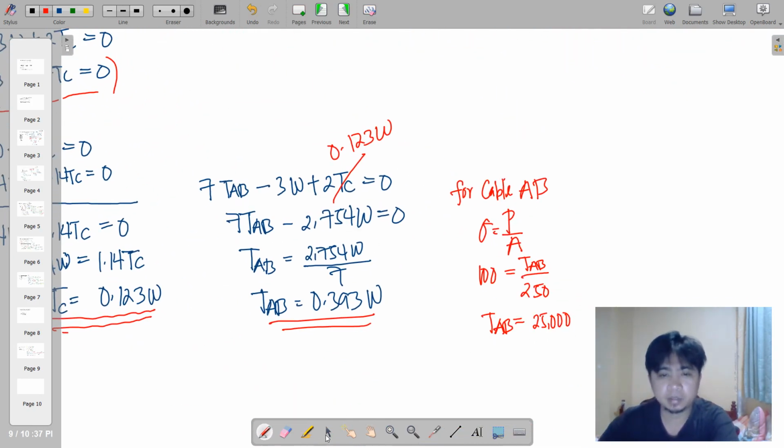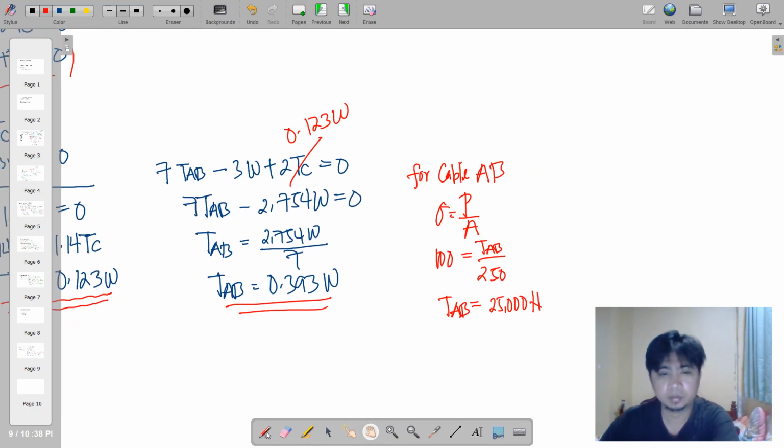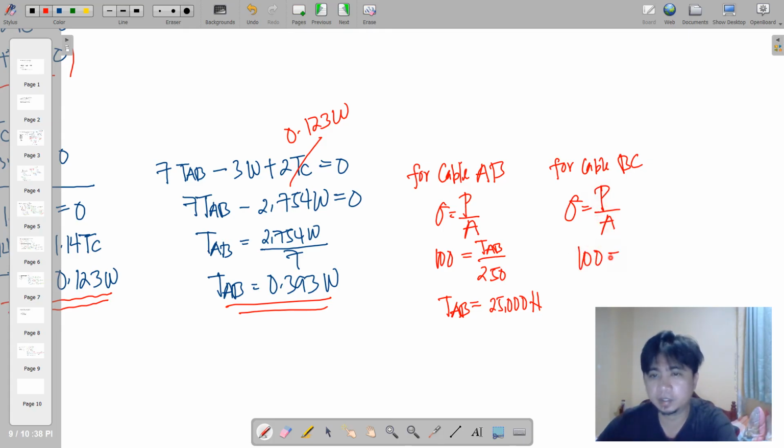And the tension at AB is equal to 25,000 Newton. Okay, so we do the same for cable BC before we substitute here. Say for cable BC we have sigma is equal to P all over A. We have 100.